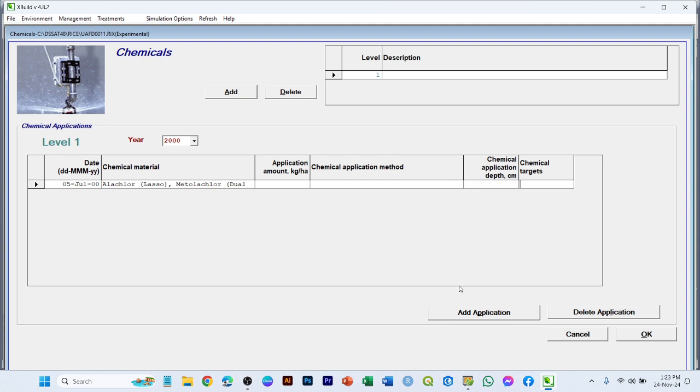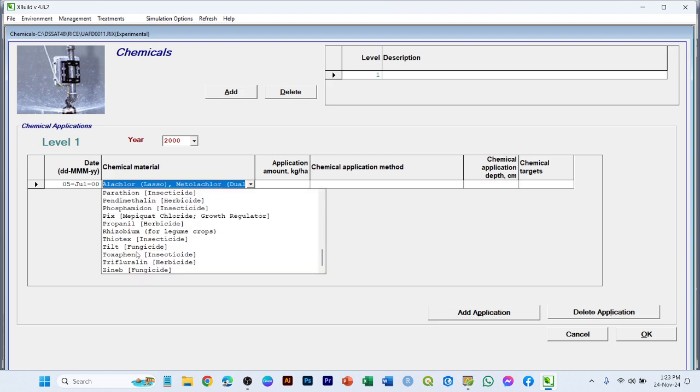If you go into detail, especially as I mentioned in wheat or rice, you have to apply some herbicides, herbicides and pesticides. So you have to mention the date of application and also the chemical source.